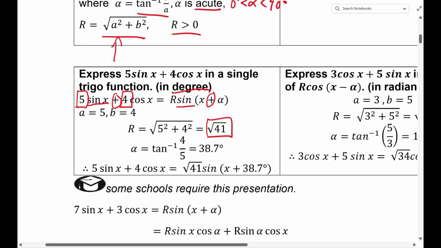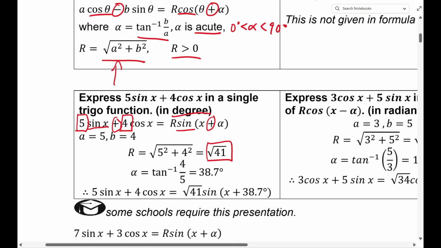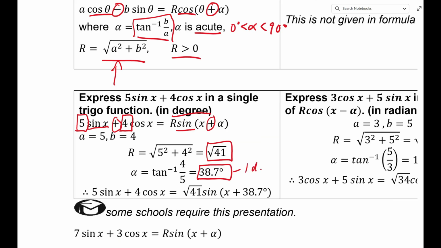Now, for our basic angle, we'll use this formula, tangent inverse B over A. Therefore, it's tangent inverse 4 over 5, which gives us 38.7. Now, for degree angles, round it to 1 dp. Therefore, our final answer is root 41 sine x plus 38.7 after you sub in your R value and your basic angle.